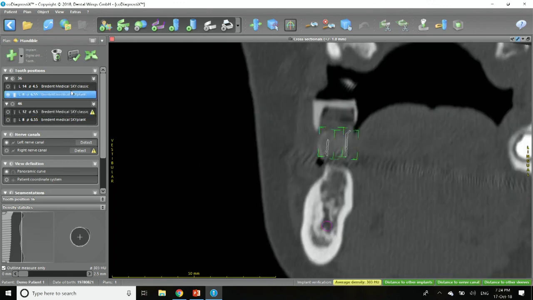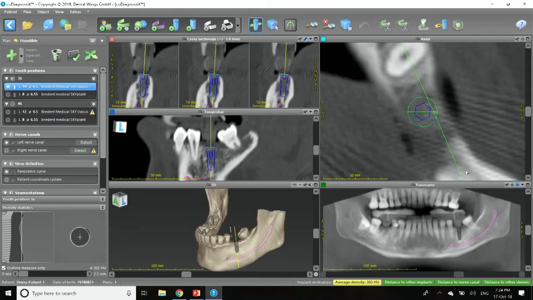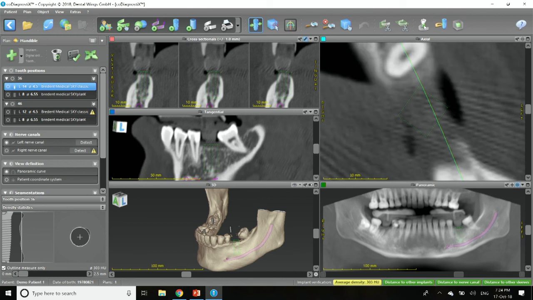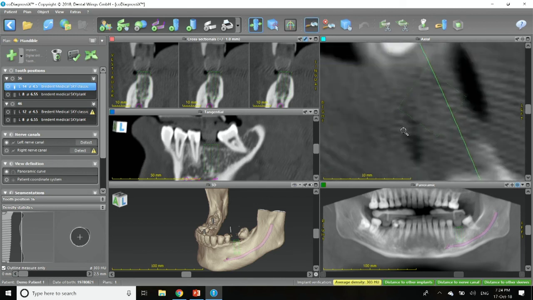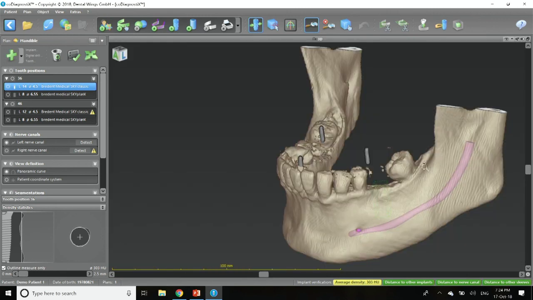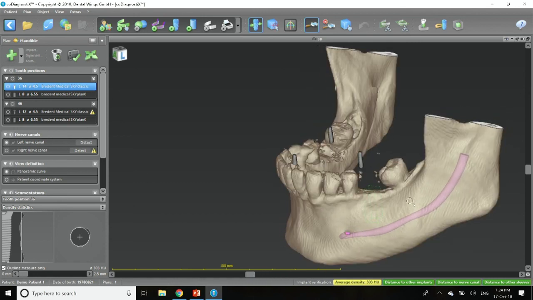If we go to the other side, we can look at this side here. So then again, if we look at all the different views, orientate ourselves, 3D view would be, say we wanted to see this 3.7 here.